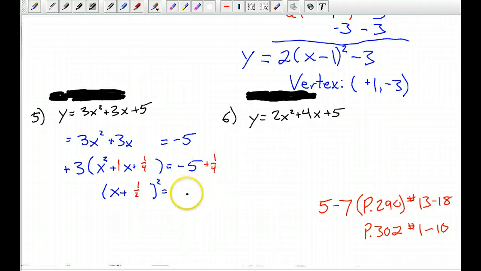Simplify it. What's negative 5 plus 1/4? Oops, I didn't focus on the time. 3 times 1/4 is 3/4. So negative 5 plus 3/4 is negative 4 and 1/4, which is, let me know, what is it? Negative 17/4.